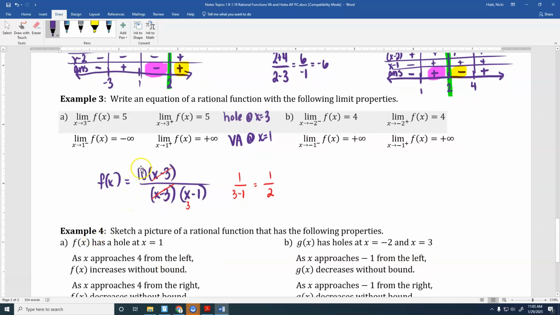So if I was making a sign chart where I only cared about my vertical asymptote, I would just care about 1, and I would only care about the 10 and the x minus 1. The 10 is already positive all the way across. The x minus 1 would be negative here, positive here, so you get negative, positive for your answer, which is what we want in this case. So this would be the easiest way right here.